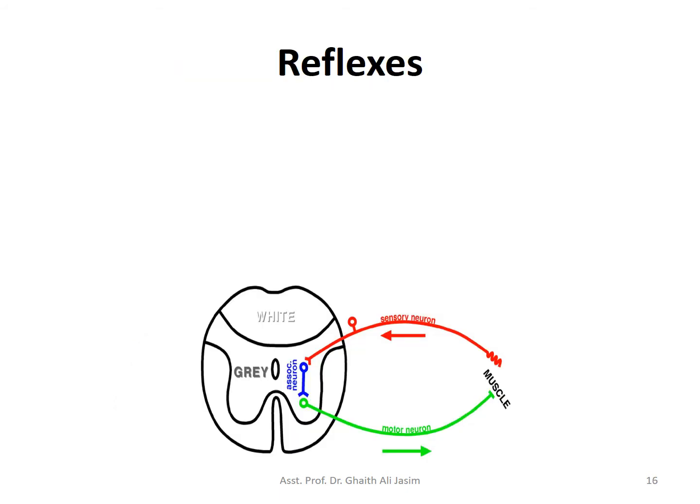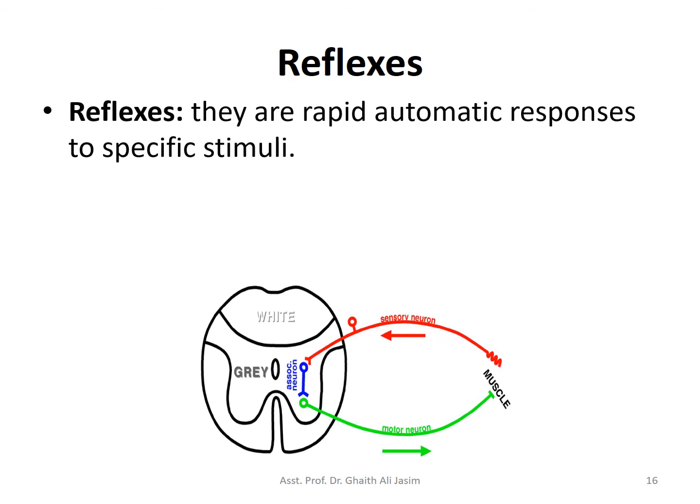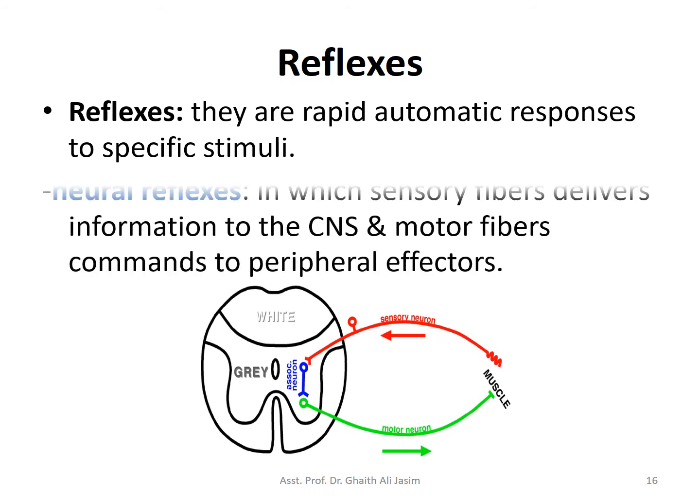Another subject regarding the spinal cord is the reflexes. What are reflexes? Reflexes are rapid automatic responses to specific stimuli, while in neural reflexes, sensory fibers deliver information to the CNS and motor fibers deliver commands to the peripheral effectors.